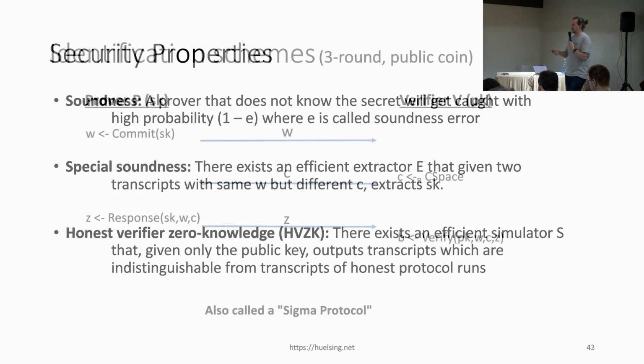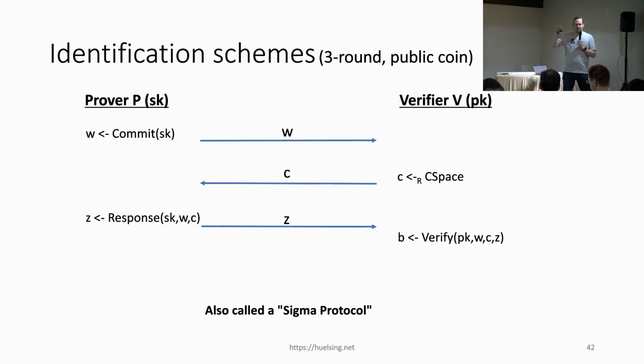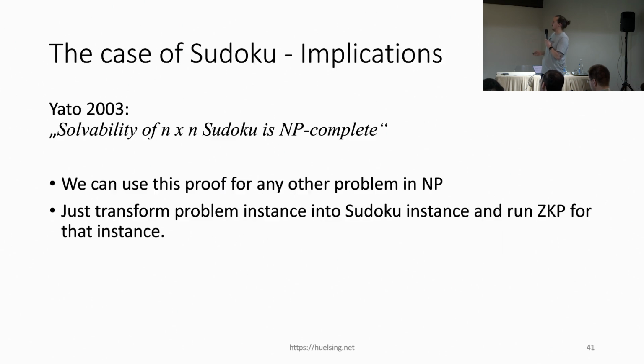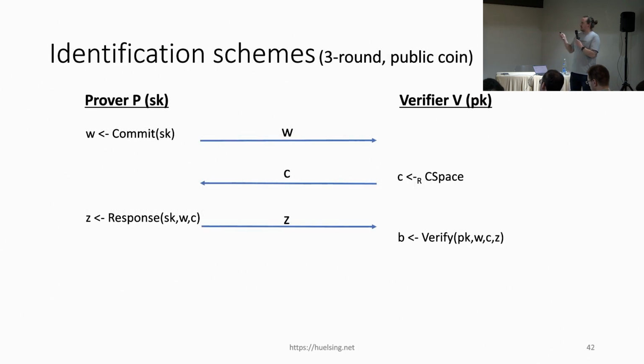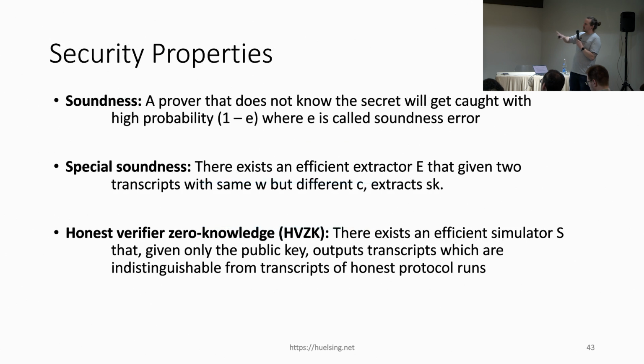Right, so now we have some idea of what an identification scheme is. And while I described this just before with Alice and Bob, let's get a bit more serious about the security properties that we want.